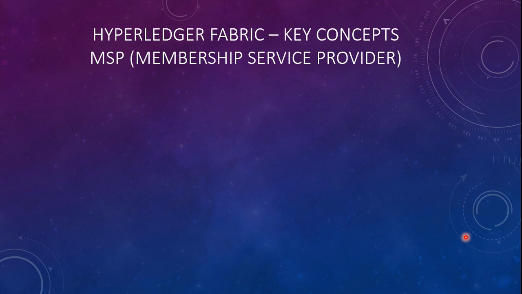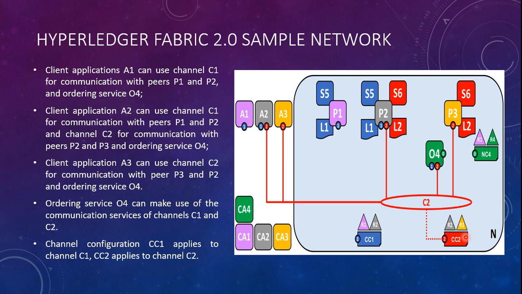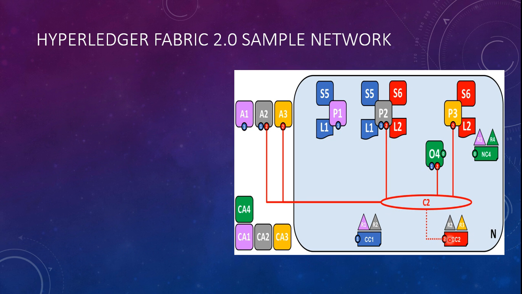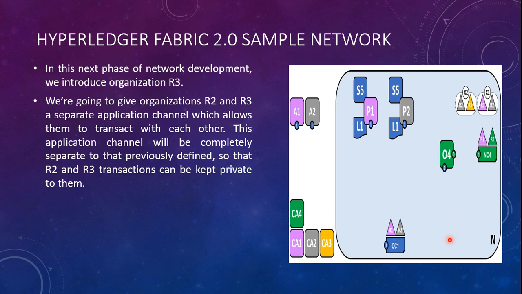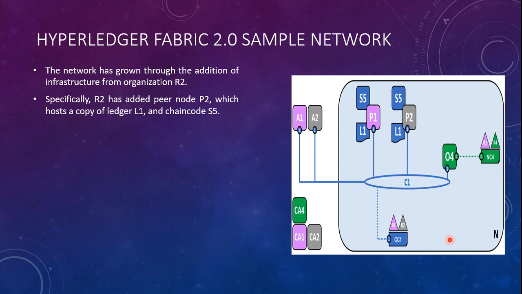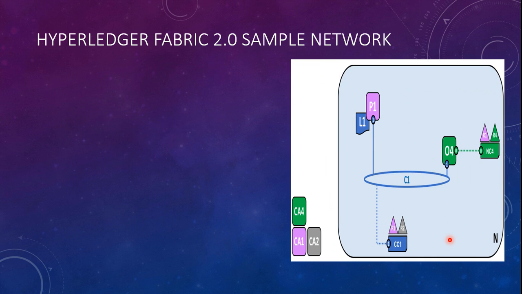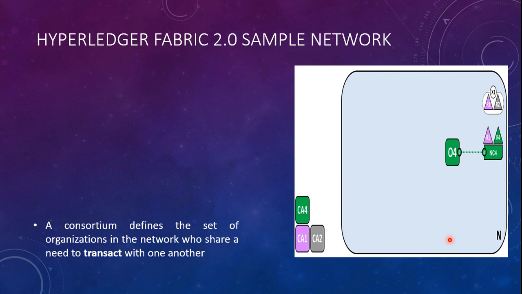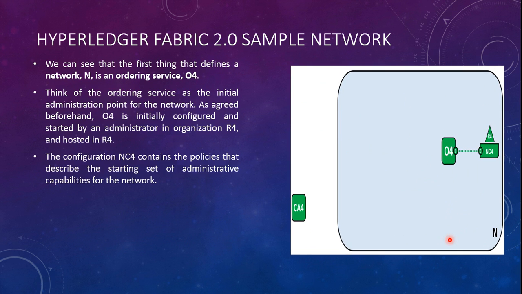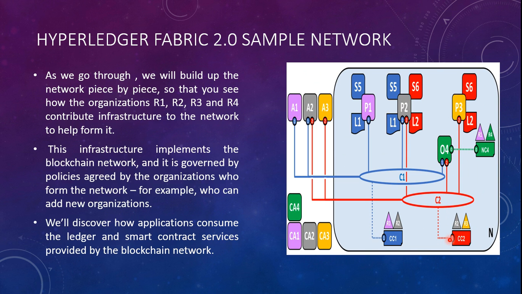Okay. Now let's see the initial sample network diagram once again. Now this is the initial diagram which shows channel C1 and channel C2 having applications A1, A2 and A3.